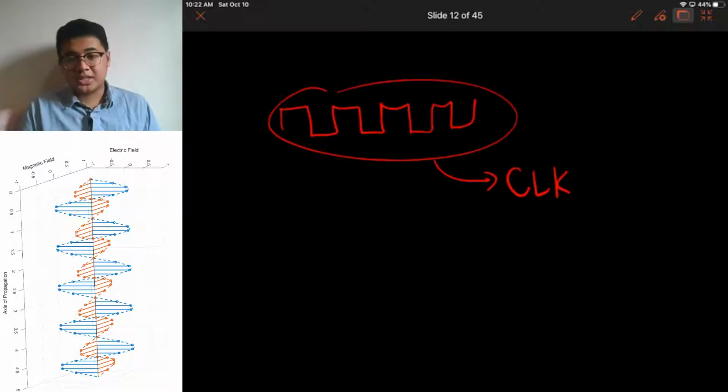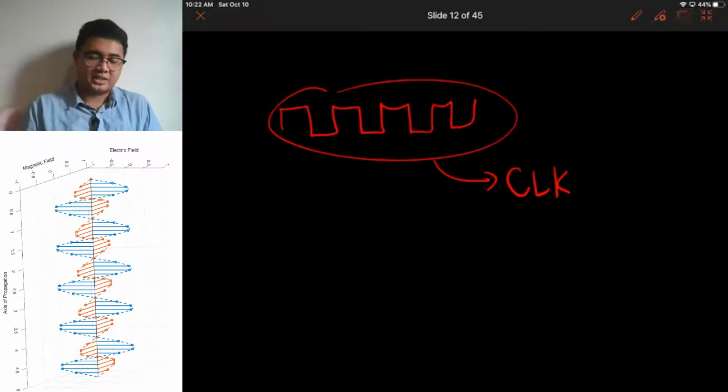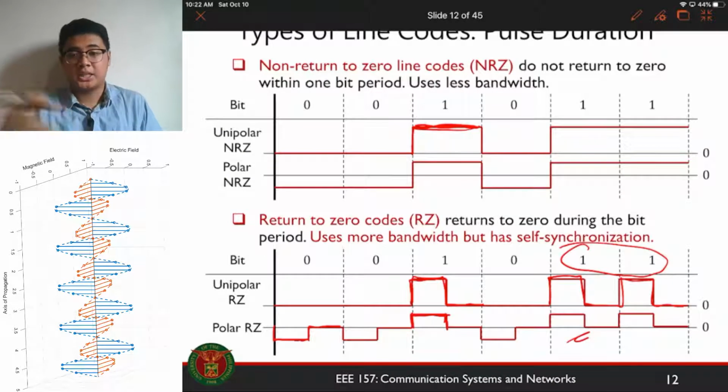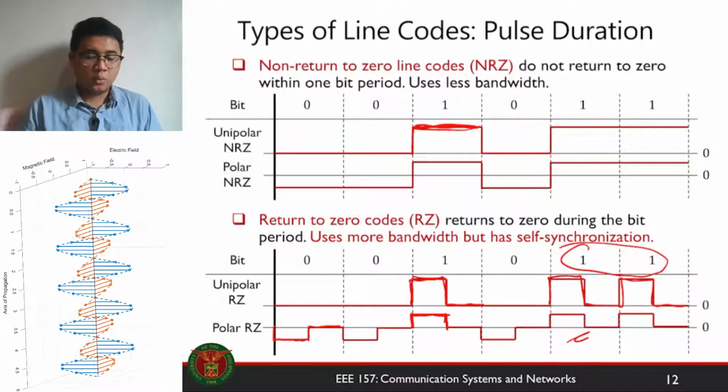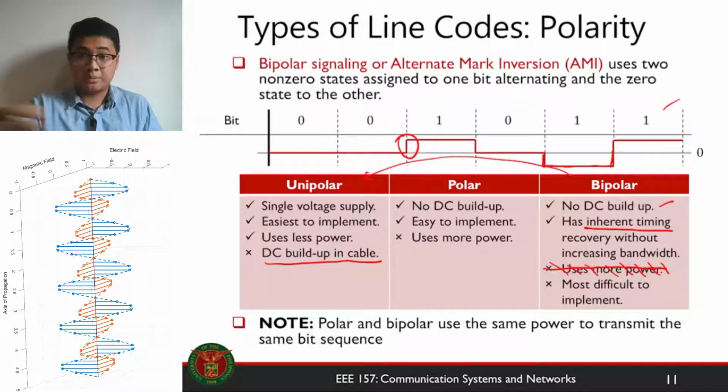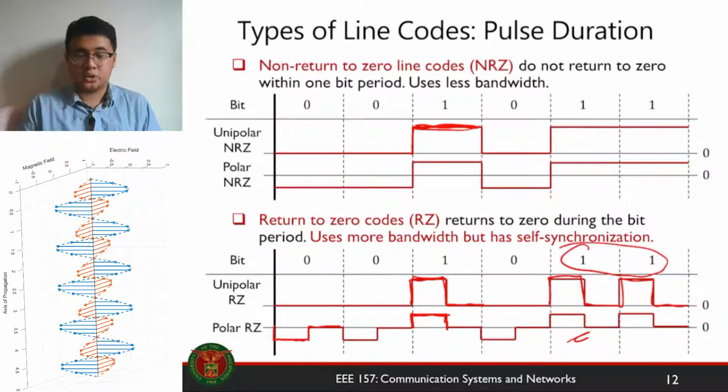Okay? Because of this, you can always synchronize your receiver to your transmitter, which is an important thing in a digital communication system, the synchronization between your transmitter and the receiver. Okay? And that's the advantage of the return to zero codes. So if you want an inherent timing without using a bipolar code for your polar and unipolar, then you use a return to zero code.